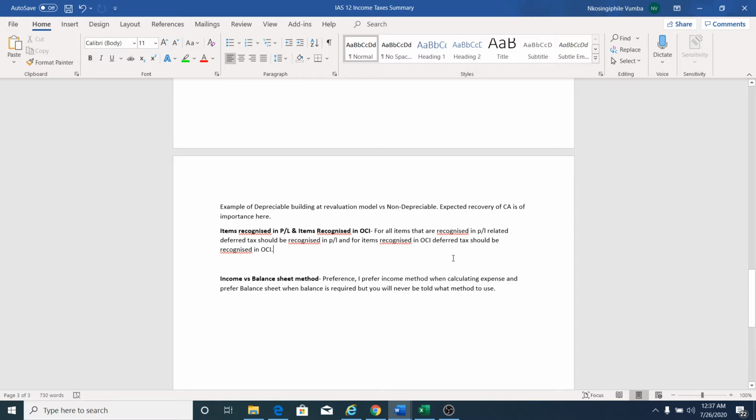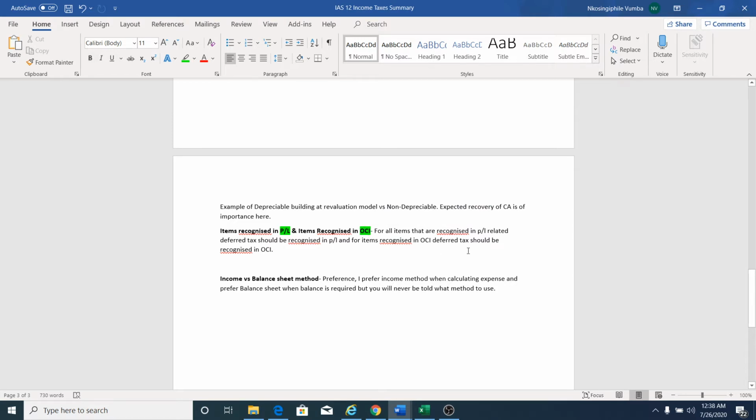If the item is recognized in P&L, it means the related deferred tax of that item should also be recognized in P&L. If that asset or whatever you are dealing with is recognized in OCI, it means the deferred tax related to that item should also be recognized in OCI.